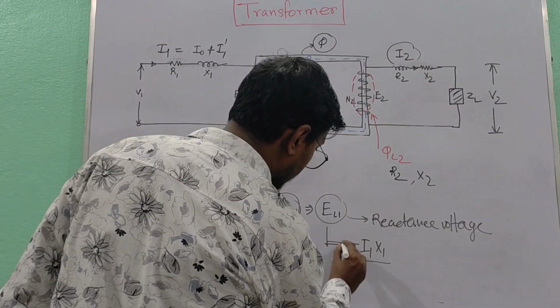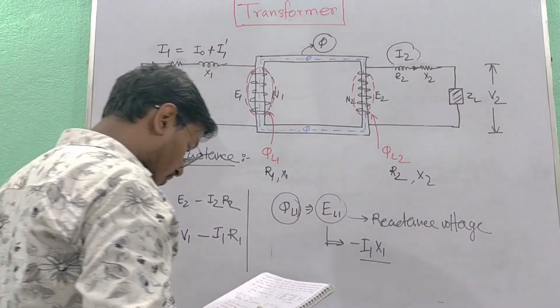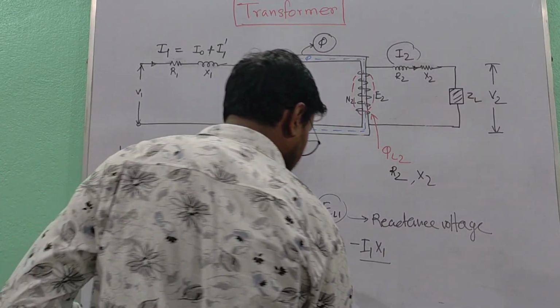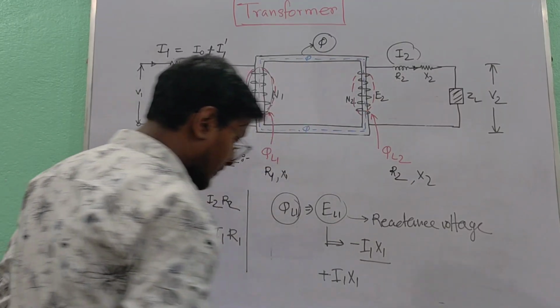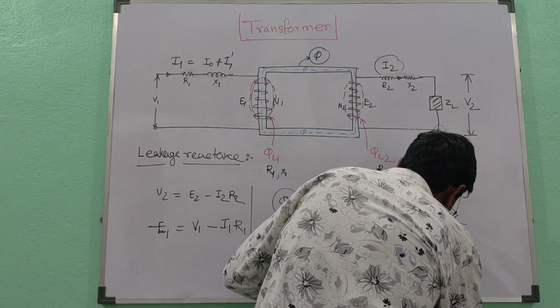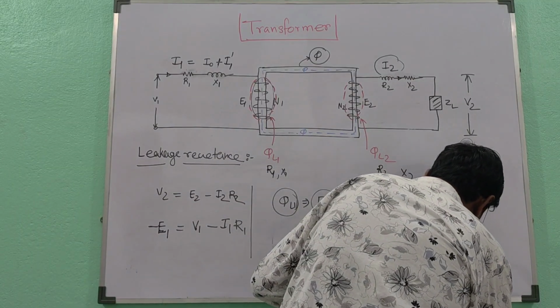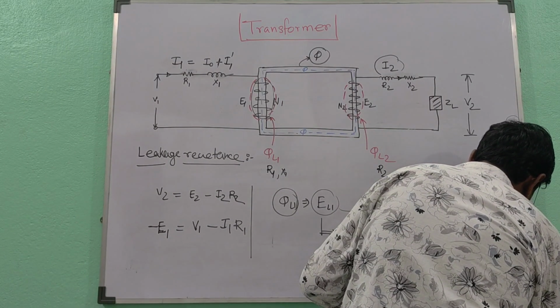This is called reactance voltage and it is denoted by minus I1 X1. The component of line voltage that balances this EMF is plus I1 X1. We can say X1 is equal to EL1 by I1 is equal to 2 pi f L1.